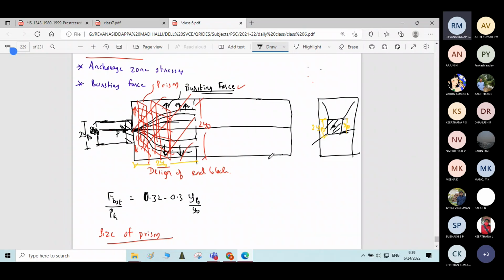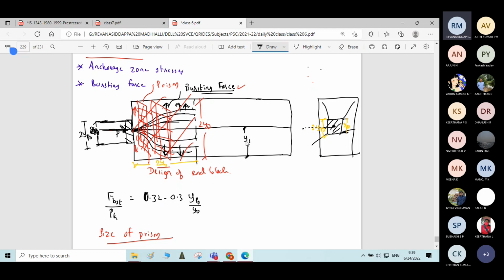Y1 is nothing but the distance of the nearest extreme fiber from the tendon. I'll repeat: y1 is the distance of the nearest extreme fiber from the tendon.